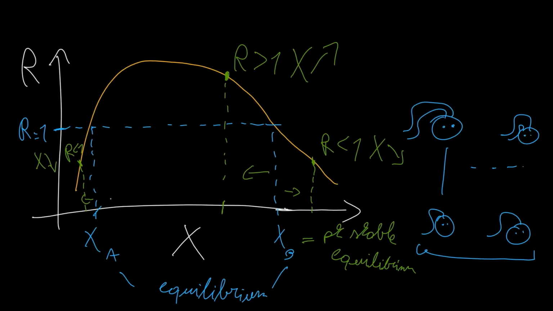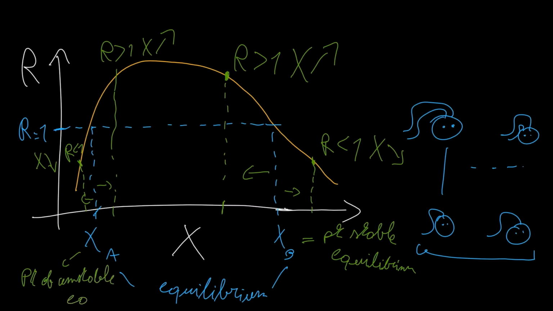And the opposite is true as well. So if the population grows beyond XA, r becomes greater than 1, and the population then increases, making XA a point of unstable equilibrium.